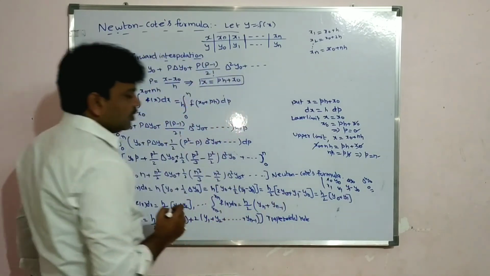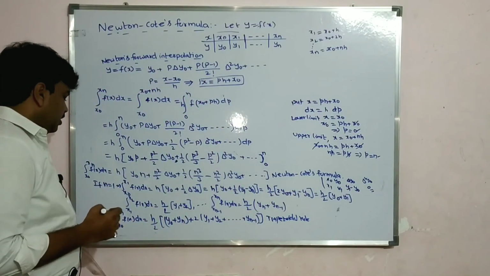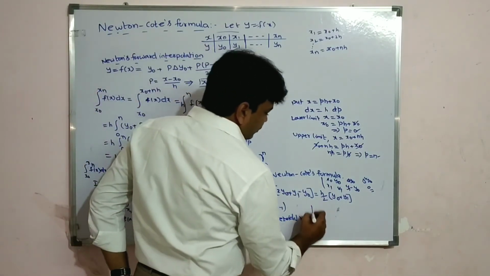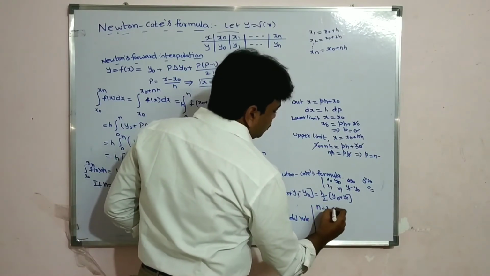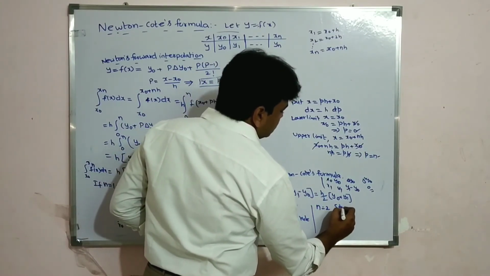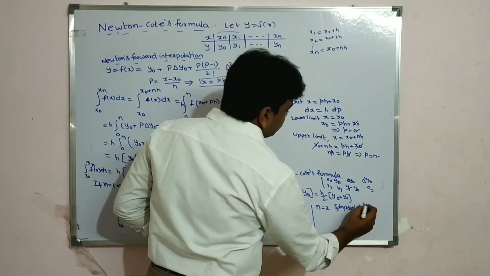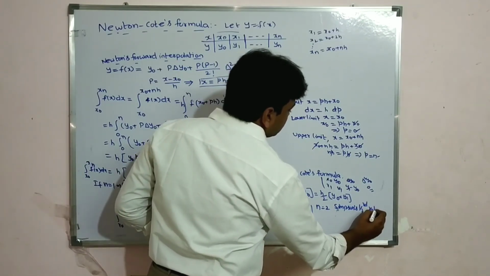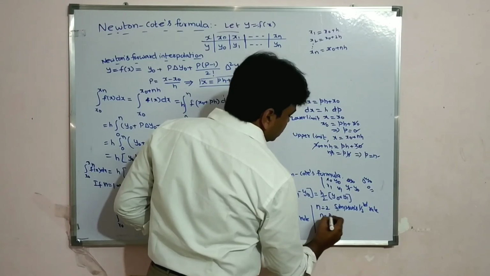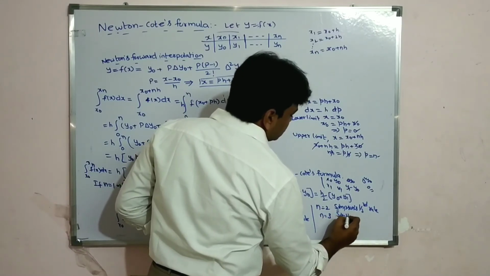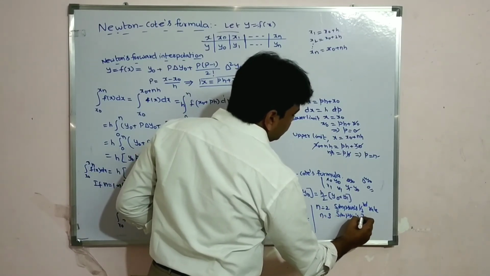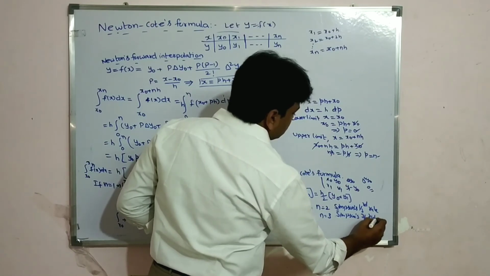Now if n is equal to 2, we get Simpson's 1/3 rule. And n is equal to 3, Simpson's 3 by 8th rule.